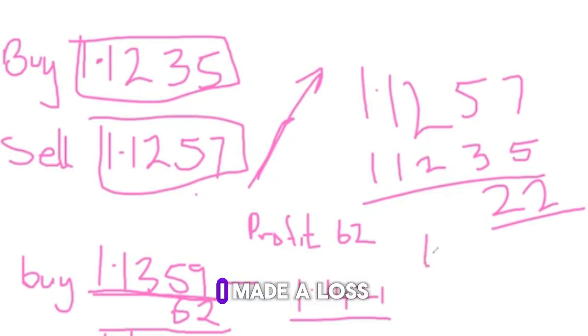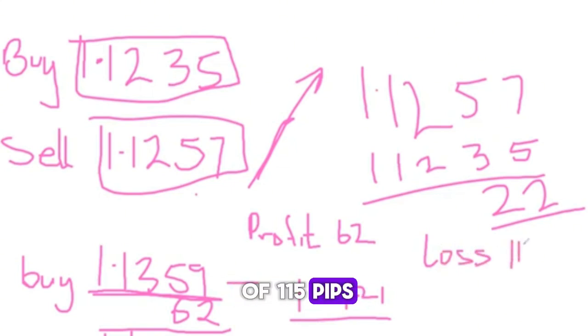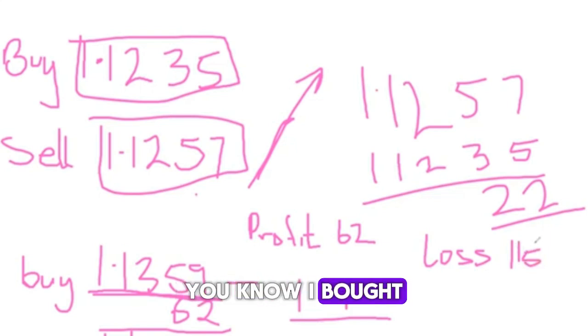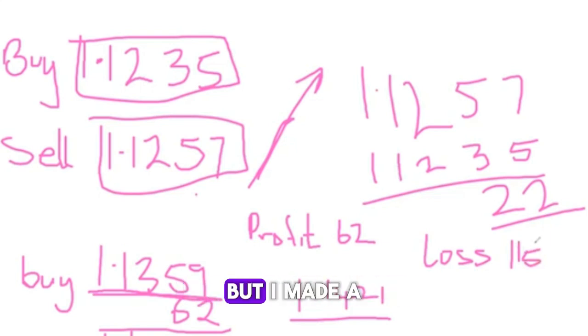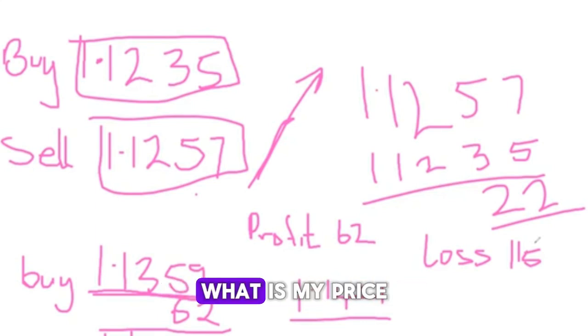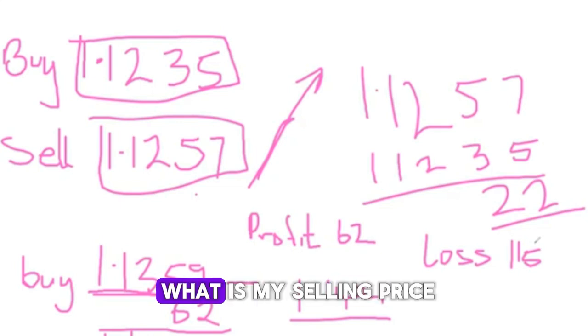I made a loss of 115 pips. Did the market go up? I bought the market, but I made a loss of 115 pips. That means the market went against me. What is my selling price?